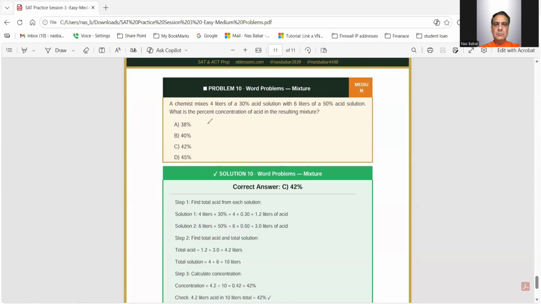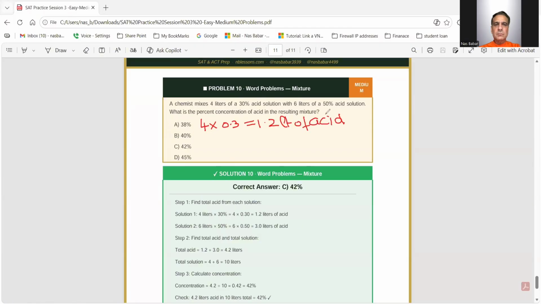So first thing is what we need to find is 30% of 4 liters. So 4 multiplied by 0.3, because 30 divided by 100 is 0.3. That is equal to 1.2 liters of acid.